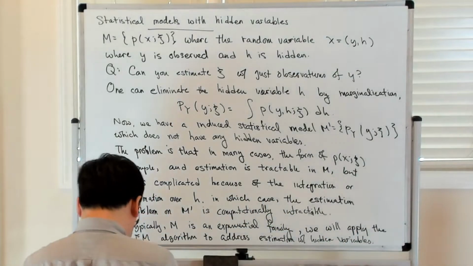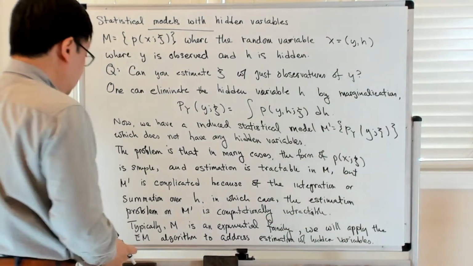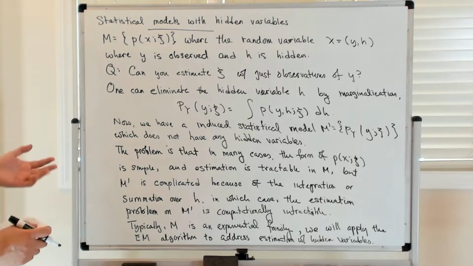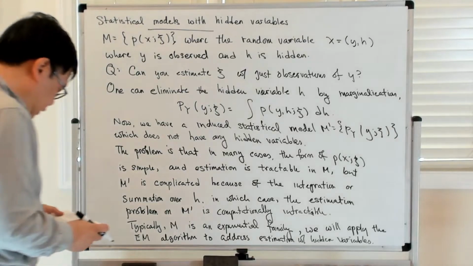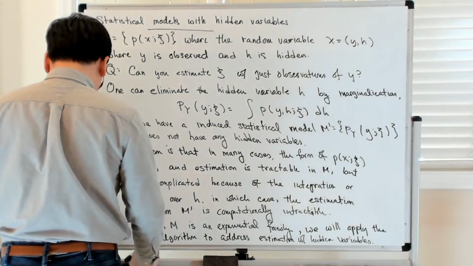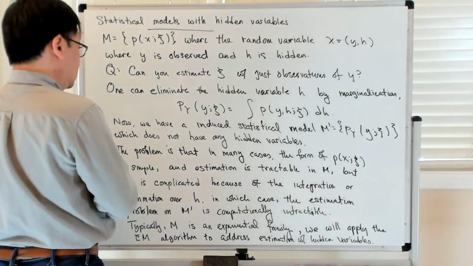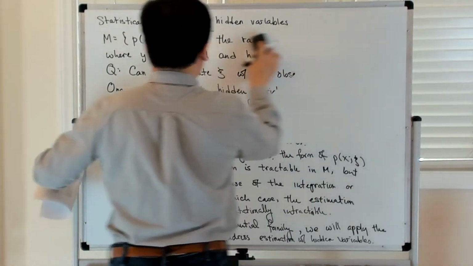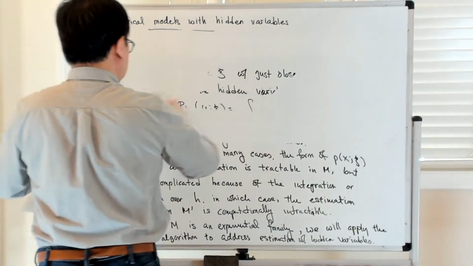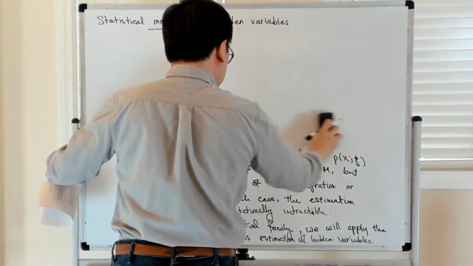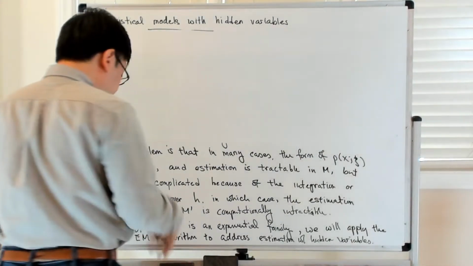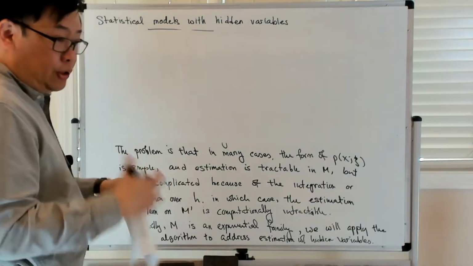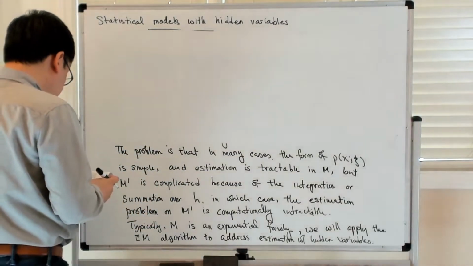All right, so that's the high level goal of what we're trying to achieve. So let's try to be more specific about how you go about doing this. Hopefully it's clear what we mean by hidden variables: these are just things which you don't observe in the data, even though the probability distribution is defined on them as well.